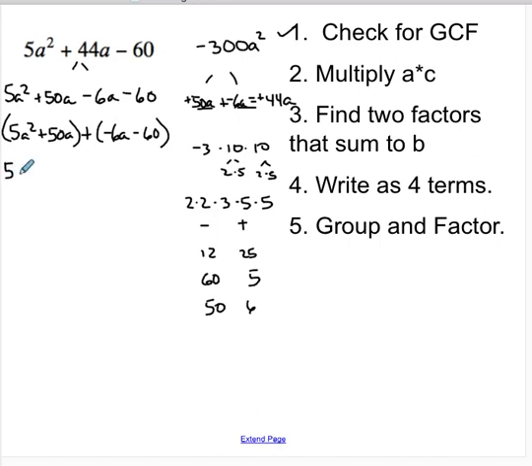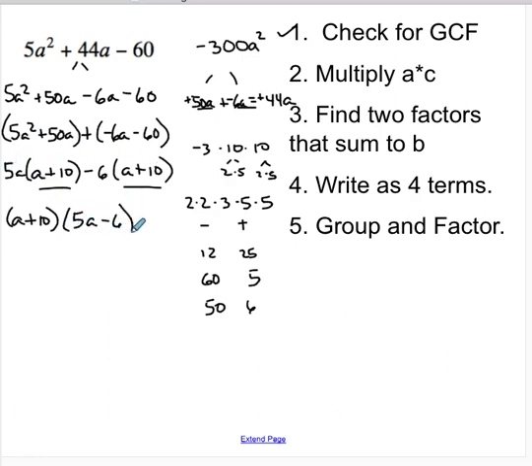So here the GCF is 5a, leaving me with a plus 10. And here the GCF is negative 6, leaving me with a plus 10. And then I'm going to identify that binomial, a plus 10, that was factored out of both. I'm going to factor that out, and I'm left with 5a minus 6. And so those are my factors. Okay, so that's my solution.